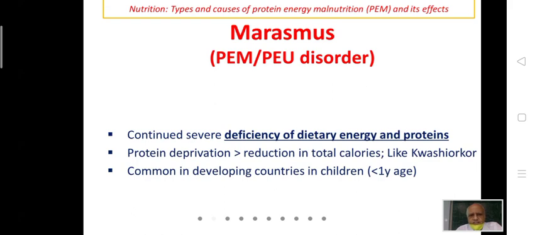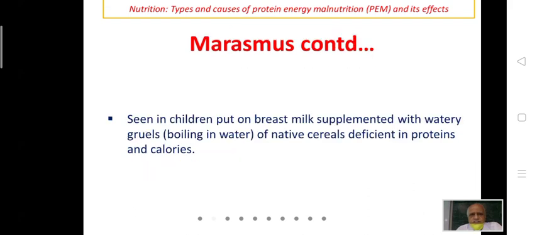It is commonly seen in developing countries like Africa, and in children of age less than 1 year. Seen in children put on breast milk supplemented with watery gruels. This is seen in Africa mostly, where families give them watery gruels.